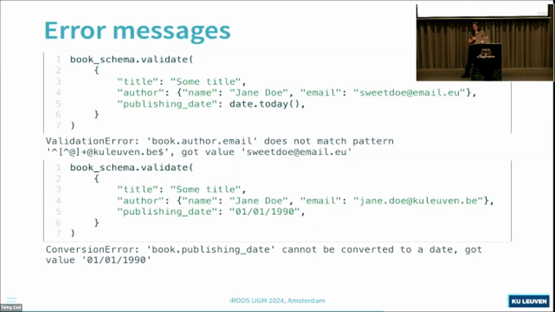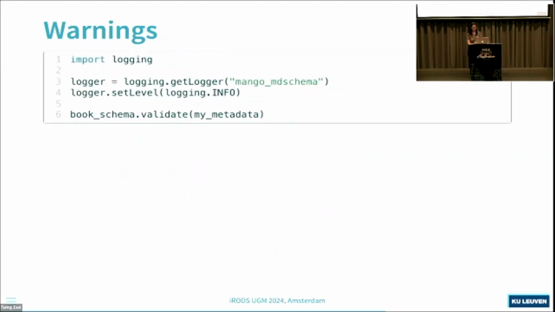It says, I cannot convert this to a date, because we just tried either with the date class or with the datetime date from ISO format method. And so if you don't match one of those, then it just ignores it. And it says, I cannot convert it to a date, so I cannot do anything now. So none of the metadata gets added.